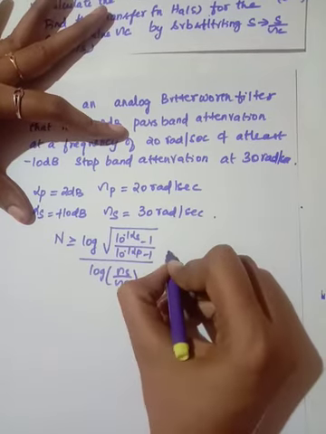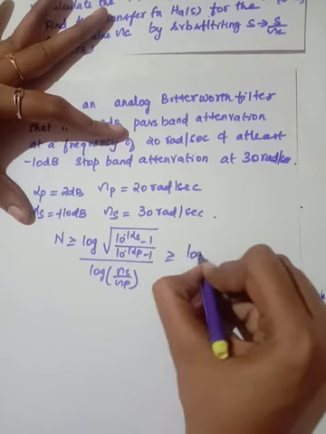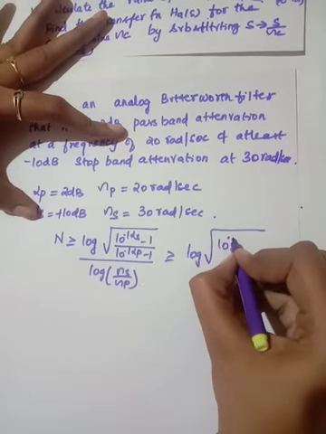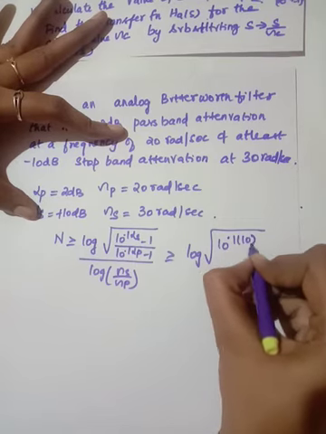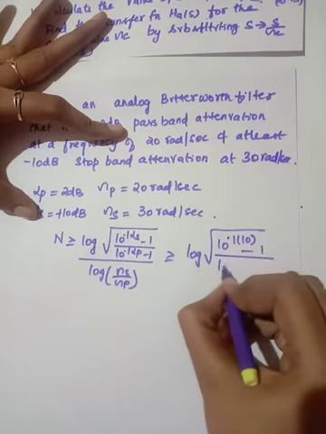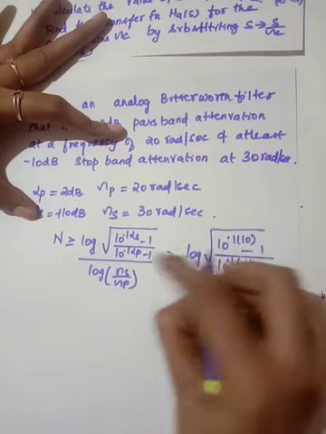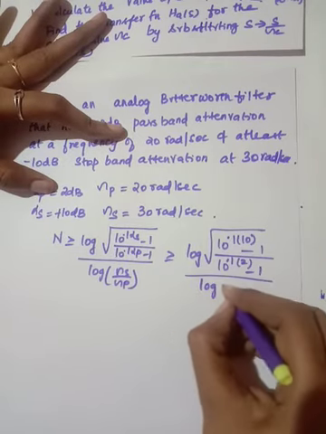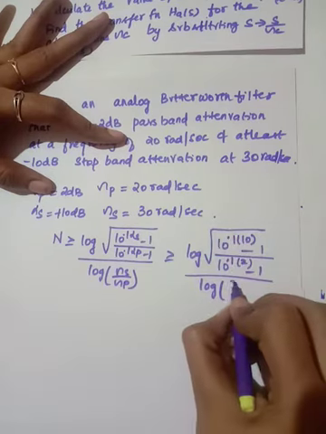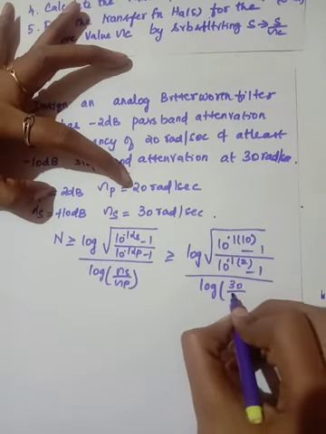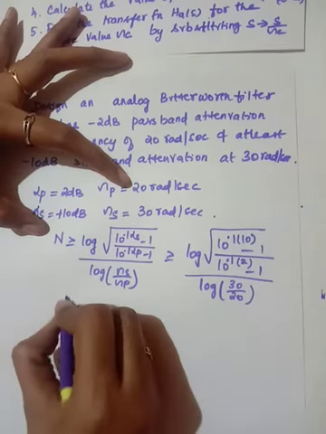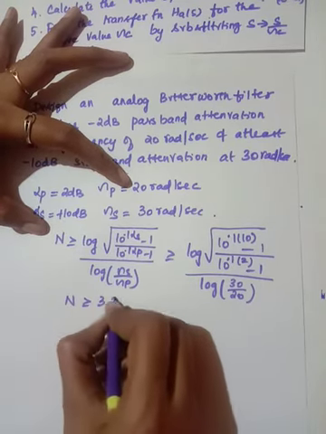Substituting the values, 10 power 0.1 into 10 minus 1, divided by 10 power 0.1 into 2 minus 1, divided by log of 30 by 20. Simplifying this, we get 3.37.